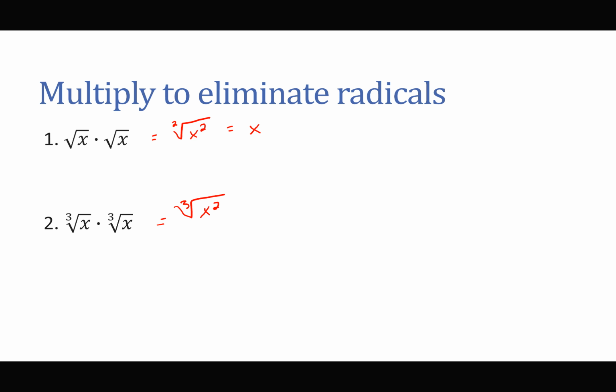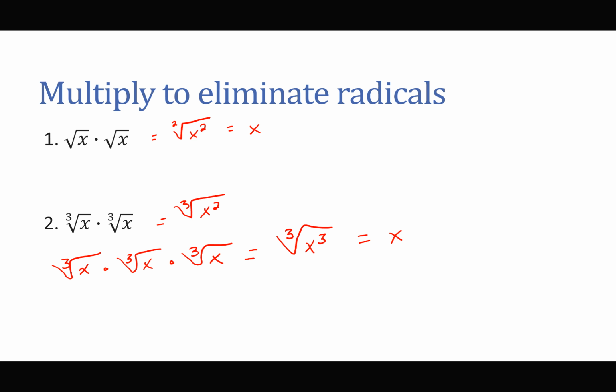I did not eliminate the radical. But what happens if I took cube root of x times cube root of x times a third cube root of x? Well, then I would have cube root of x cubed. Now I do have that matching going on, and that's just x.